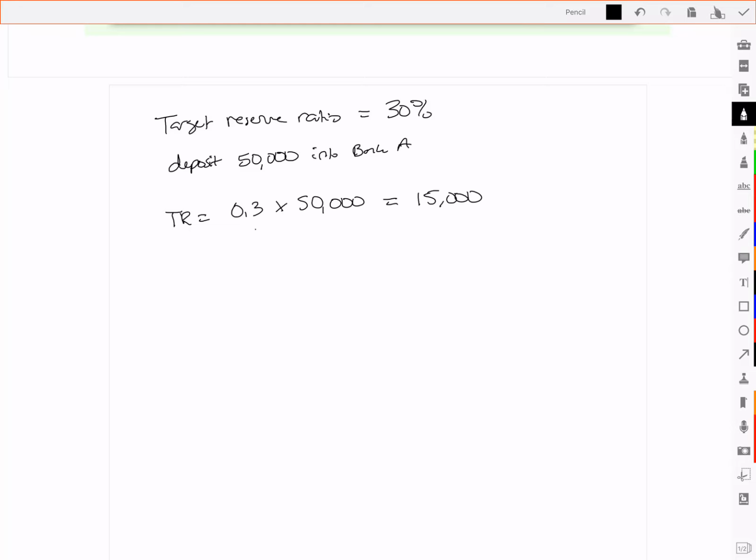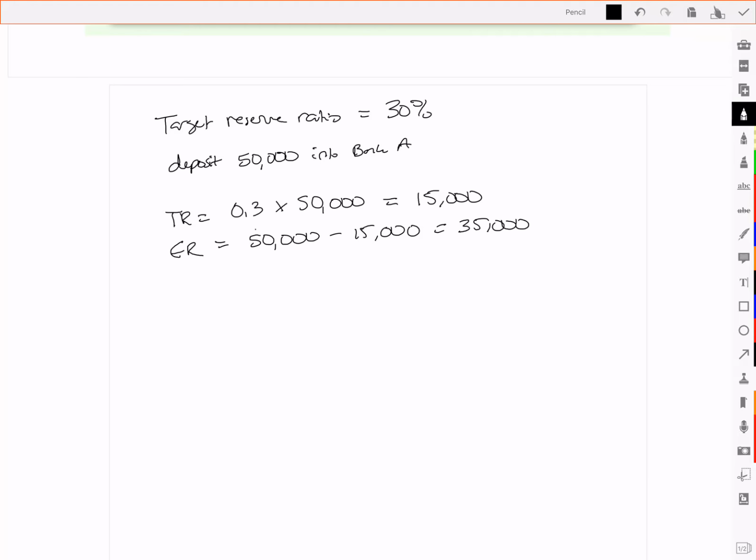So Bank A must hold 15,000 as cash. Now how much excess reserve? Excess reserve is the amount left over after the target reserve. So we had 50,000, 15,000 had to be held as cash, which means the remainder, 35,000, is excess reserve.